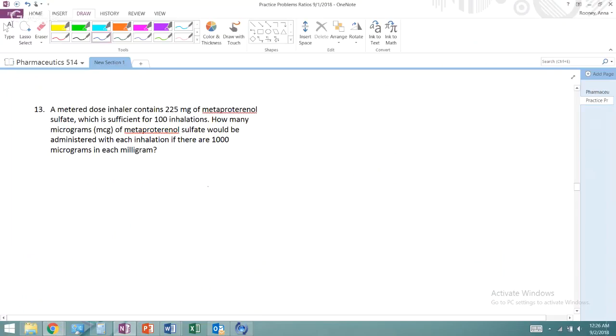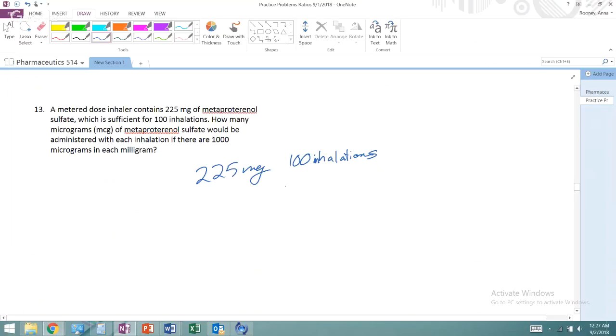All right, a metered dose inhaler contains 225 milligrams of metaproterenol. I think I probably mispronounced that. Which is sufficient for 100 inhalations. I'm just going to write that all out.